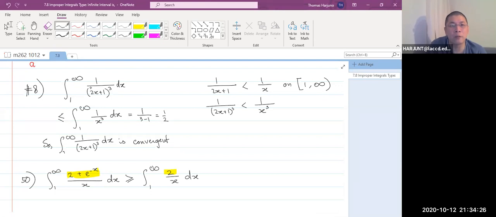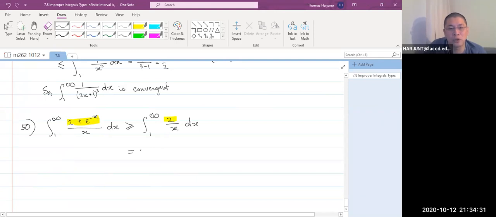But at the same time, this is 2 times the integral from 1 to infinity of 1 over x dx.